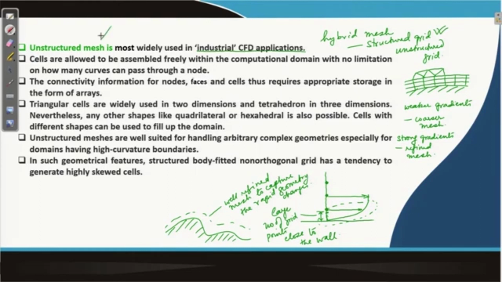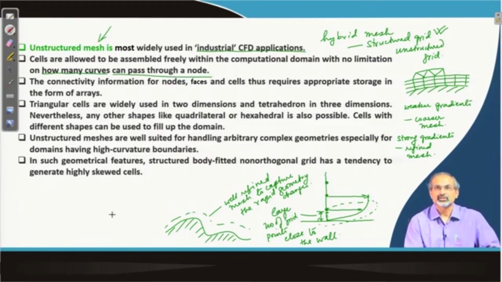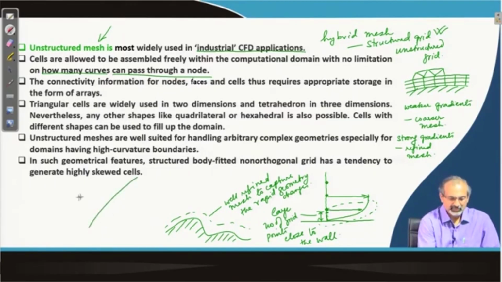Going back to the issues of unstructured mesh, we see the second point says that cells are allowed to be assembled freely within the computational domain with no limitation on how many curves can pass through a node. This we had discussed earlier in the context of structured grid, that if it is a 2-dimensional grid, then two lines from two different families can intersect at a grid point, but that kind of restriction does not exist in an unstructured mesh.